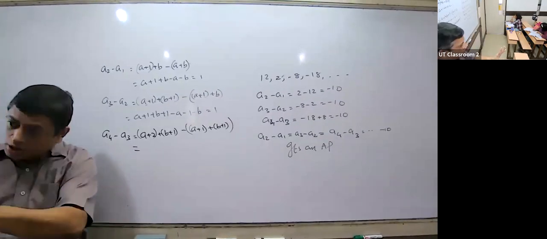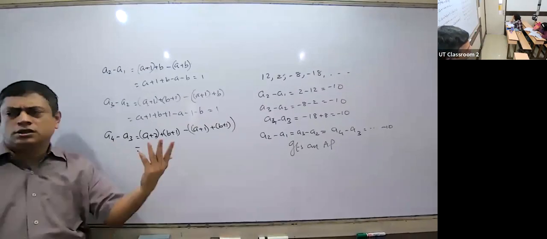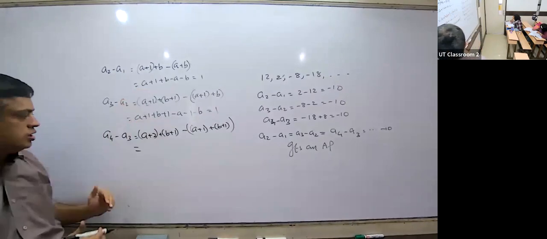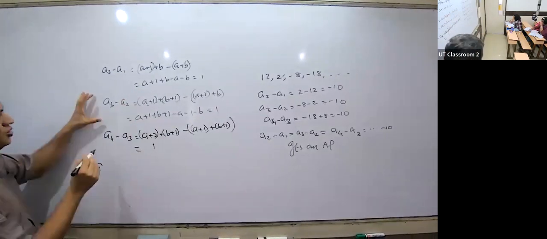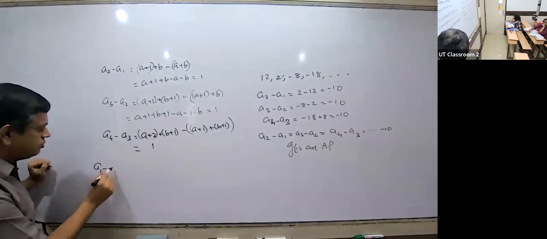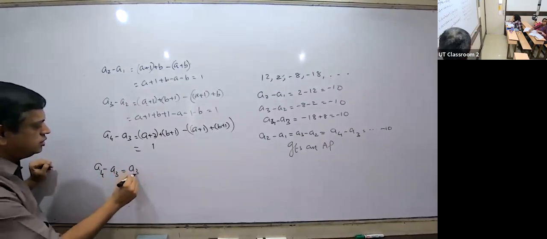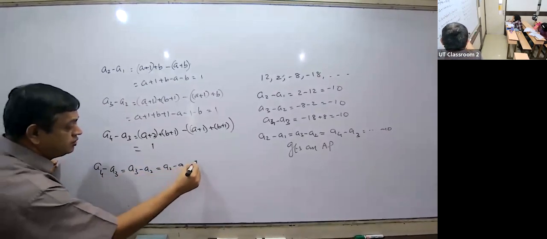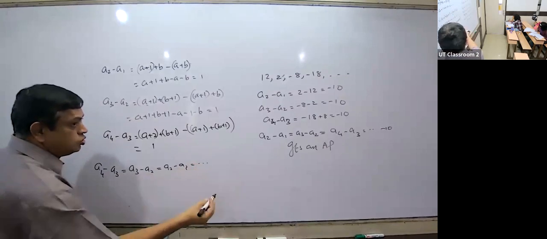Are you sure? Then write. You wrote 2 steps now. Then below write A4 minus A3 is equal to A3 minus A2 is equal to A2 minus A1. Not that every step you have to show is equal to 1. It's an AP.